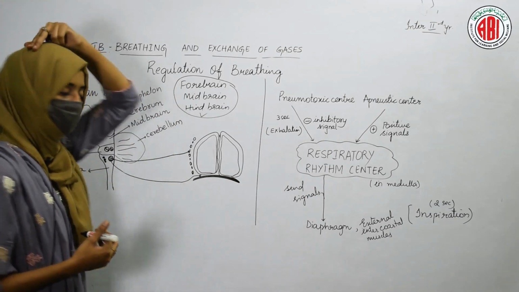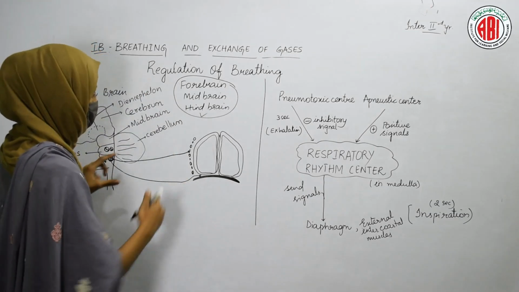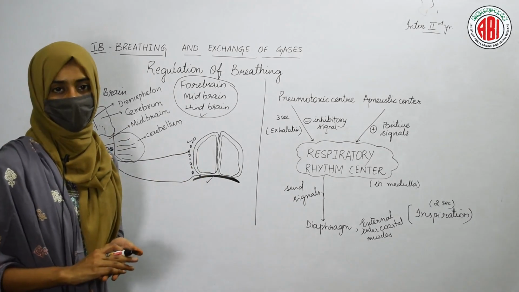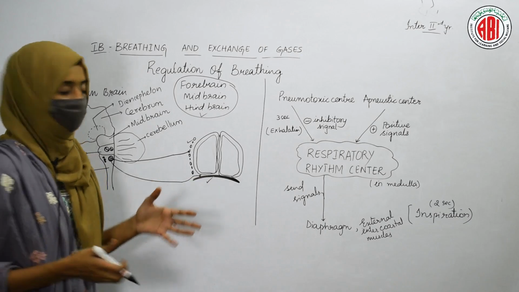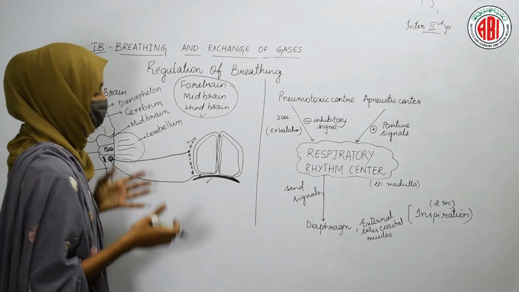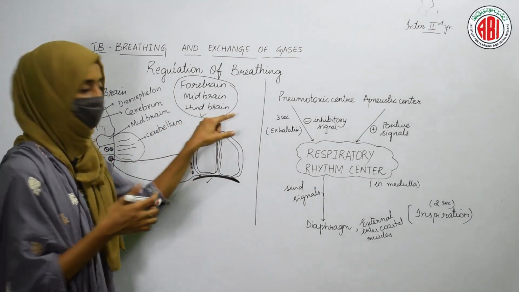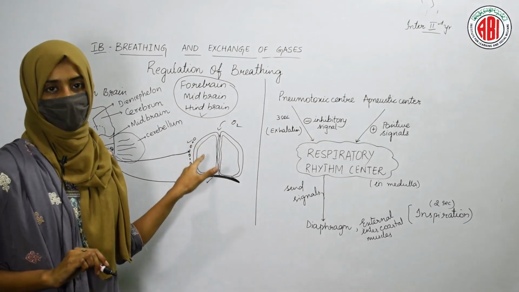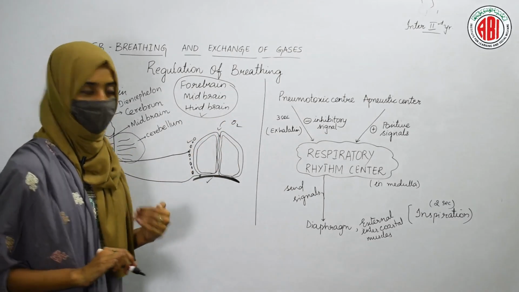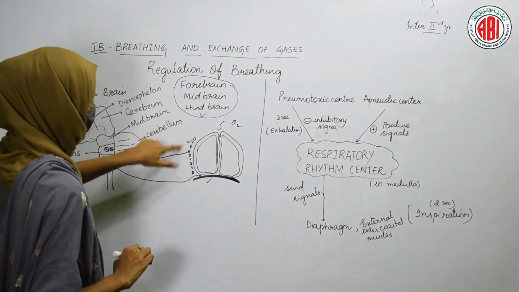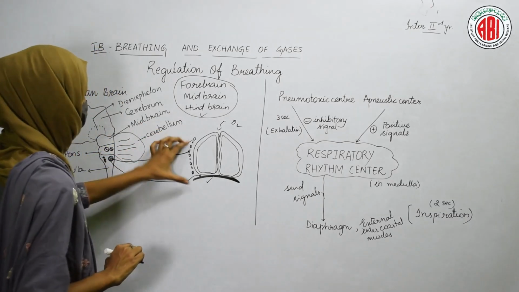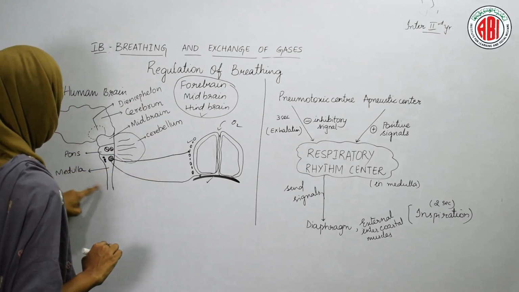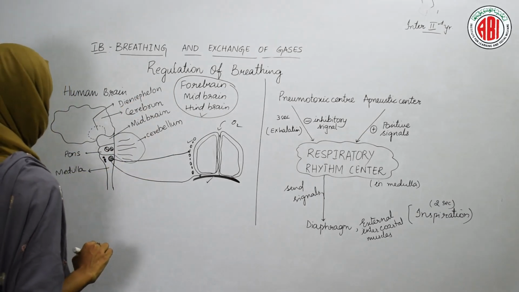Whenever they send the signals, the contraction of intercostal muscles and diaphragm is possible, and at that time we can take oxygen in. That means inspiration or inhalation can be done by the contraction of intercostal muscles and diaphragm, and this contraction is possible only when the signal is sent by the medulla oblongata of our brain.